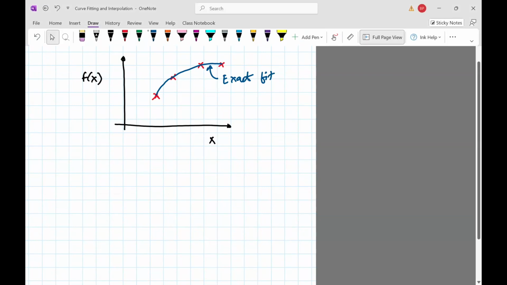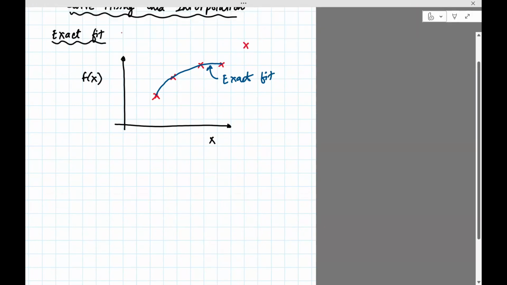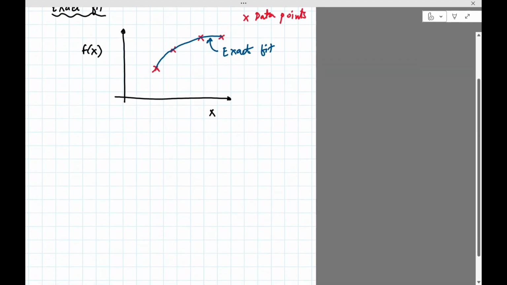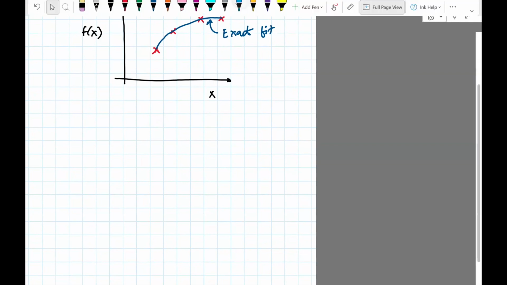The x's are data points. Sometimes you want to do what is known as an exact fit, so that the curve passes through all the points. Why we'll do it, we'll come to that in just a bit.